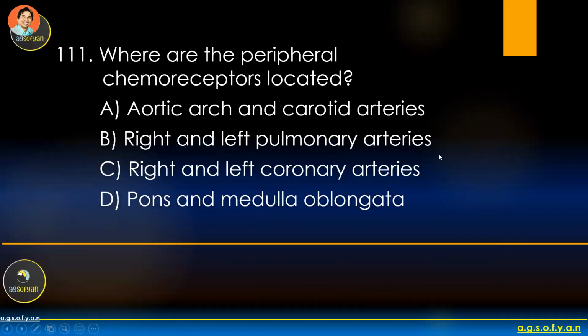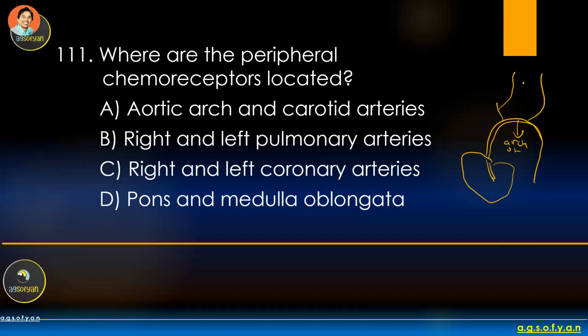Where are the peripheral chemoreceptors located? A, B, C, or D? The chemoreceptors, the ones that sense whether we have enough oxygen or not, are located in the arch of the aorta, and also in the carotid artery that goes to our brain.